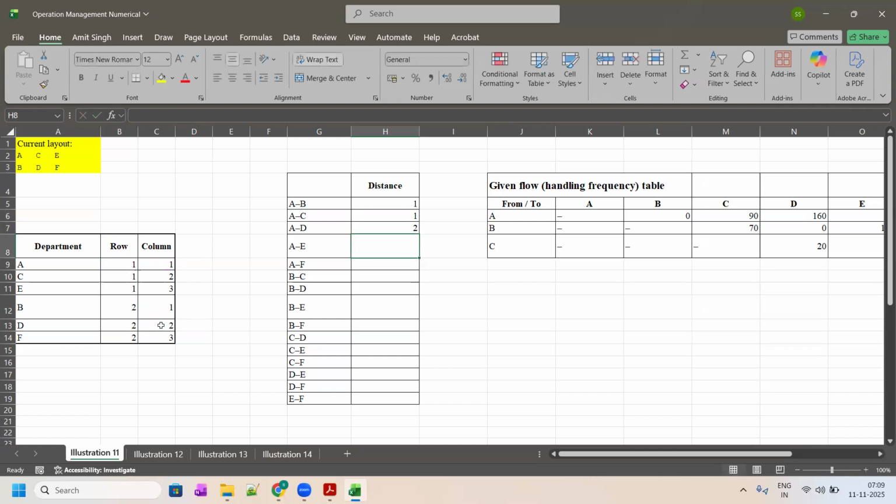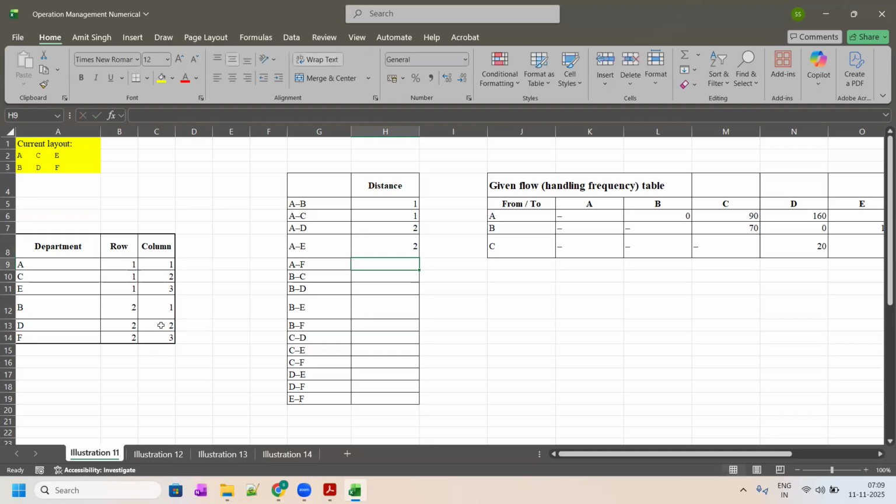Similarly, we can find A to E. What would be the A to E distance? 2. Okay.